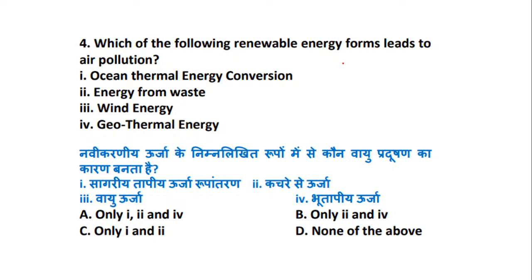So you have the options given below, whether it is 1, 2, 4, whether it is 2 and 4, whether it is 1 and 2, or none of the above. I'll read the question again. Which of the following renewable energy forms leads to air pollution? It is ocean thermal energy conversion, energy from waste, wind energy, or geothermal energy.